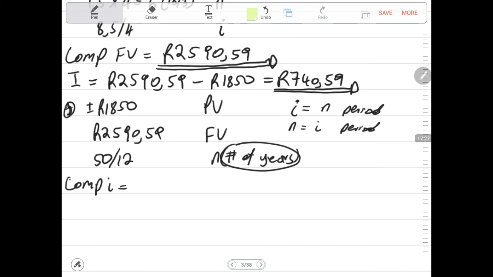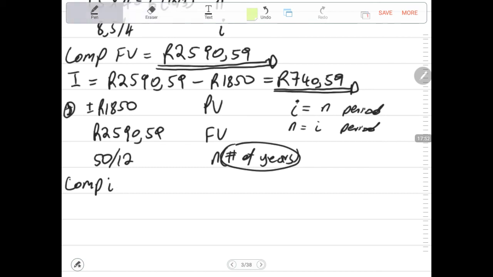Then after, let us now do that. Then we say plus minus 1,850 is the present value, 2,590.59 is the future value, 50 divided by 12, which is our N, then you compute our interest. Our interest is in years because our N is in years. Please take note of this.